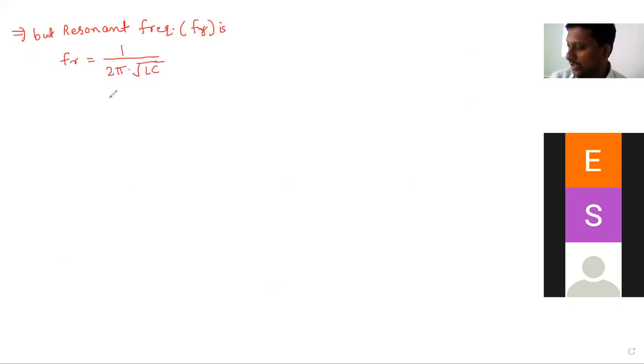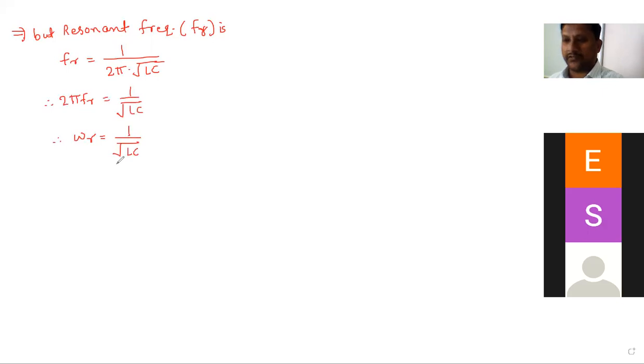Yes. Okay. So 2 pi I will take in the left hand side. 2 pi FR is equal to 1 upon under root LC. So what is 2 pi into FR? That is nothing but omega R. Right? Omega R is equal to 1 upon under root LC.